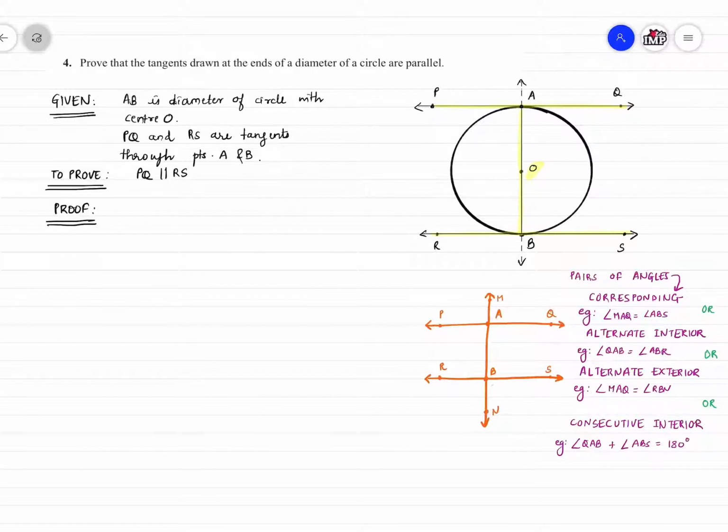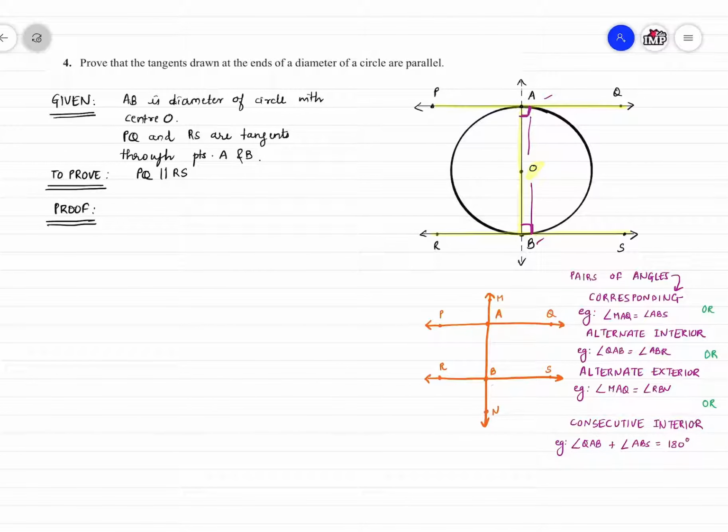And the proof now. So firstly, I know that AB is the diameter, so OB and OA are the radii of the circle. And by theorem 10.1, I can say that OA is perpendicular to PQ and OB is perpendicular to RS.